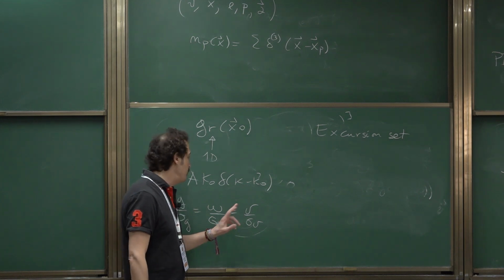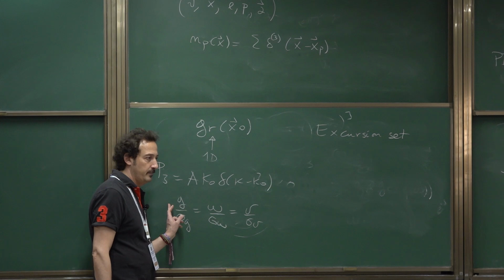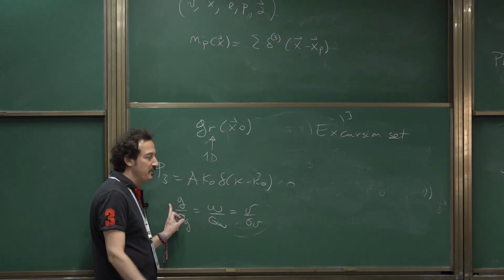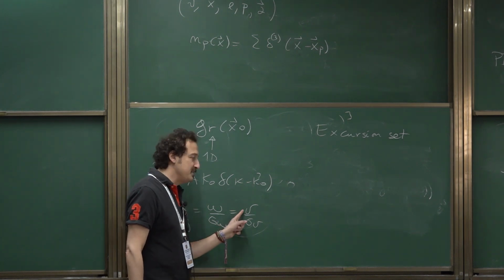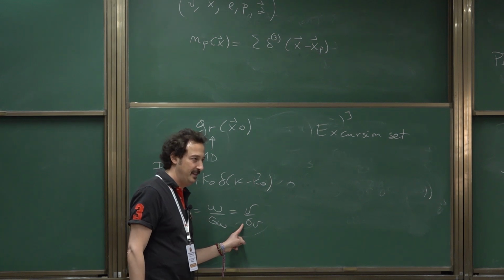You would say, my God, that means G and W also have to be 0. But we saw a similar trick yesterday in general relativity. One possibility is V equal to 0, but the other is sigma_V equal to 0 as well.